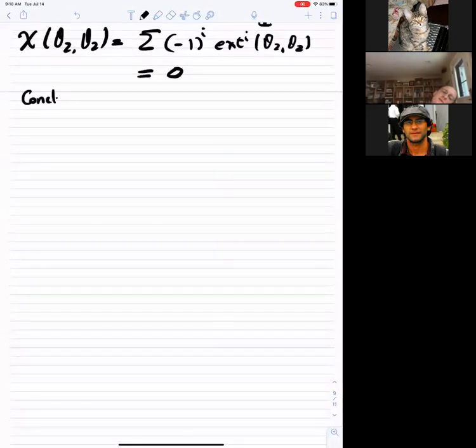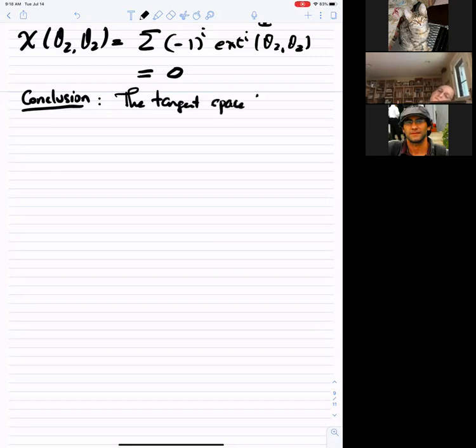The conclusion is that the tangent space to X^[n], here let me remind you, X is a smooth projective surface, always has dimension 2n.